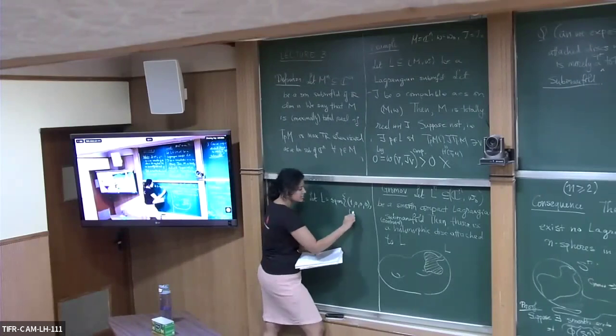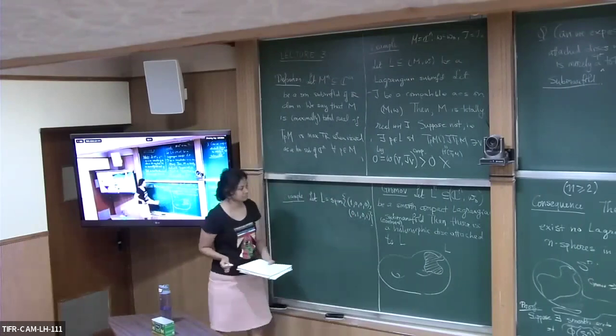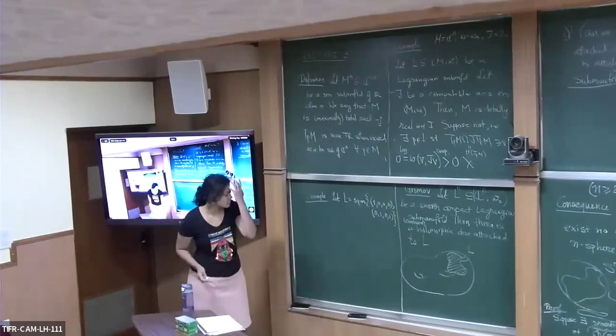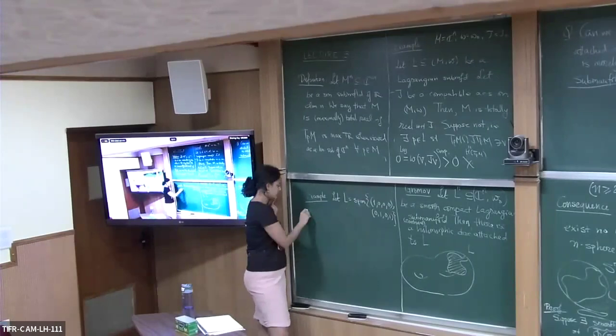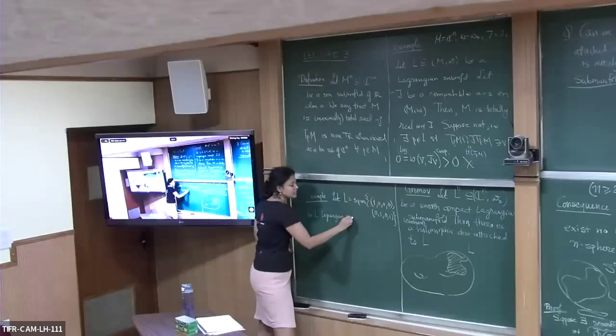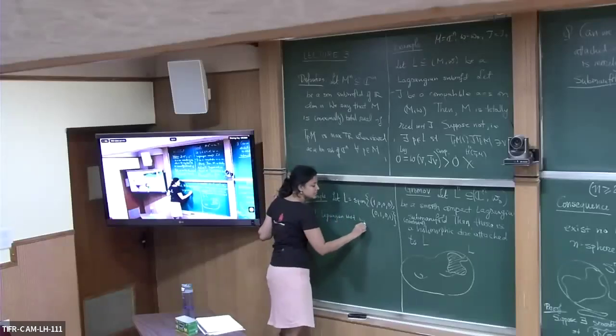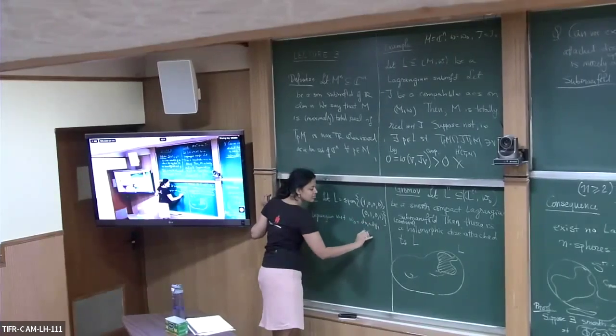Let's say 0, 1, 0, 1. Okay. So is L Lagrangian with respect to the standard structure? Remember, the standard structure is nothing but dx1 wedge dy1 plus dx2 wedge dy2.